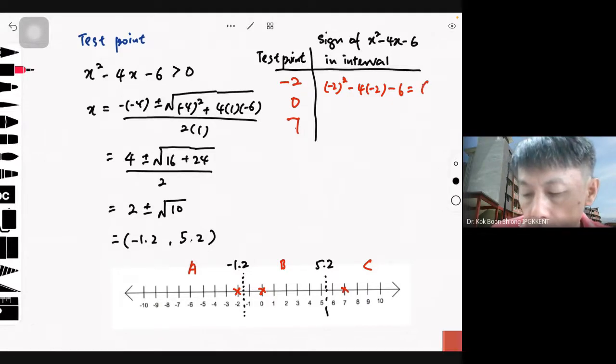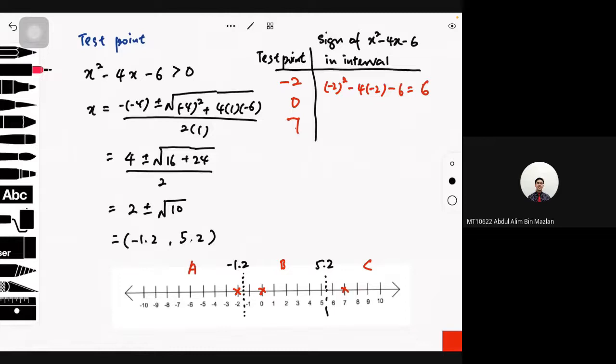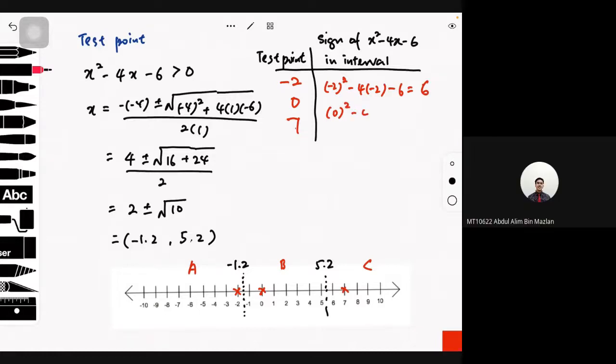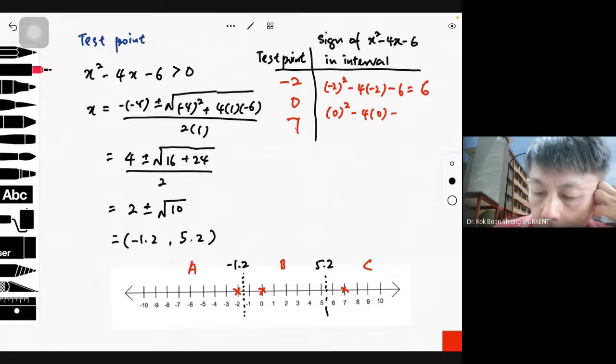So the second one, this is 0 minus 6, so this is negative 6.